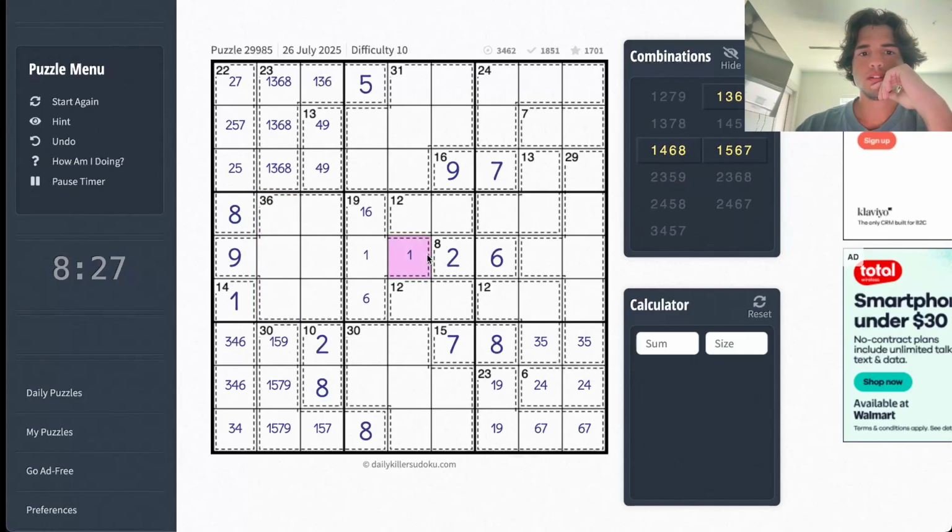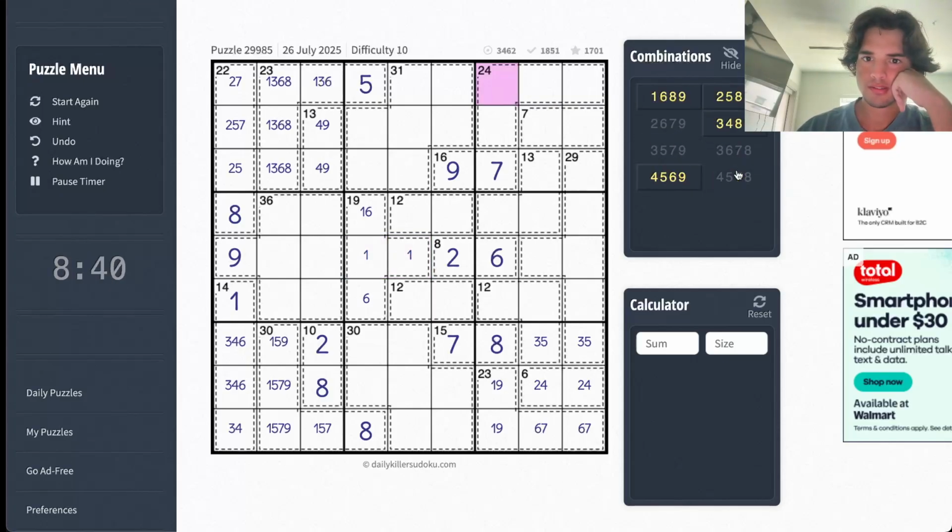So could this be 3 and 9? Could be 1, 3 here. Maybe we take a look at this. So 7s are gone from here. 1, 6, 8.